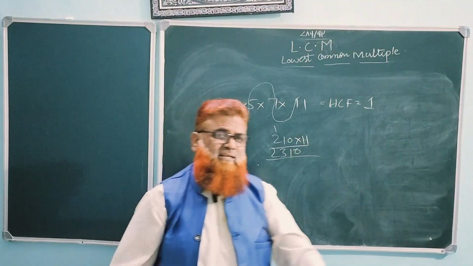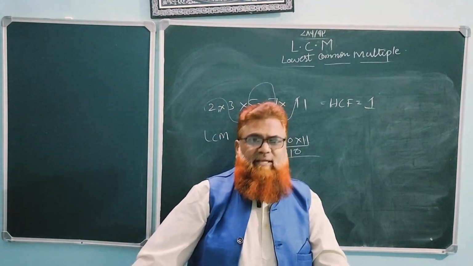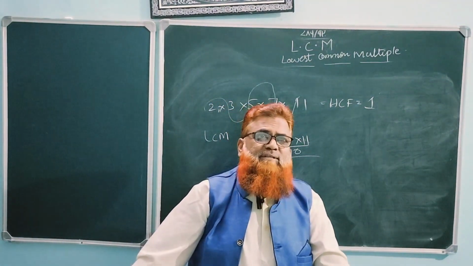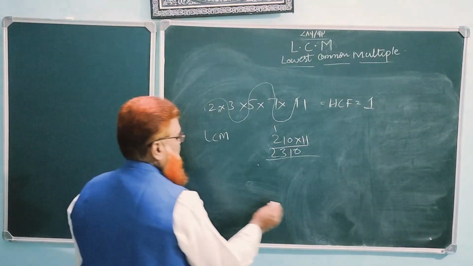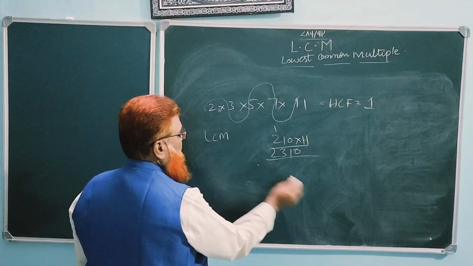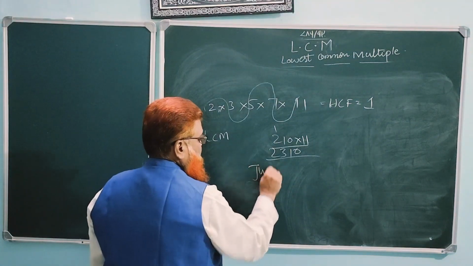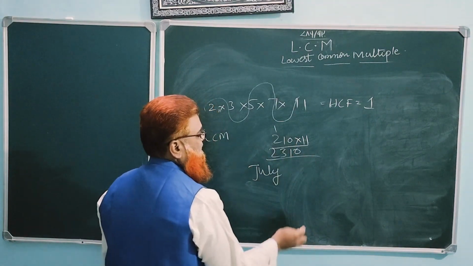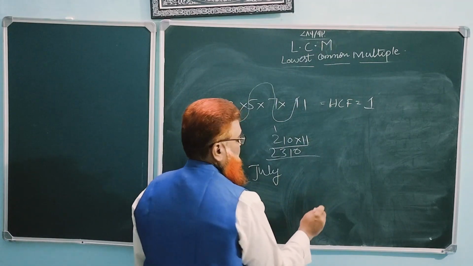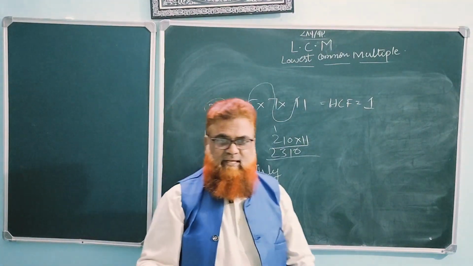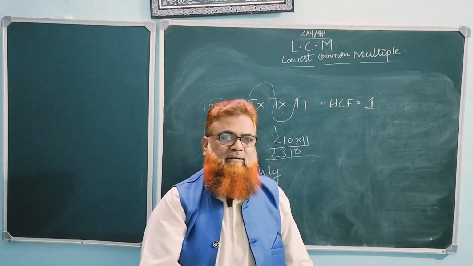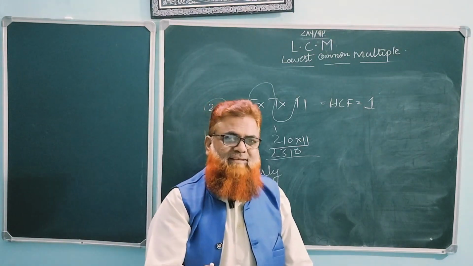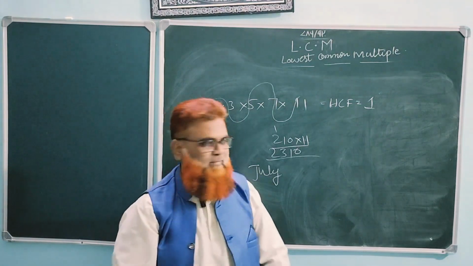Okay. What is the application of this one now? I would like to quote a very simple example. See, there are two friends in the month of July. They visit the park for exercise, jogging or walking.